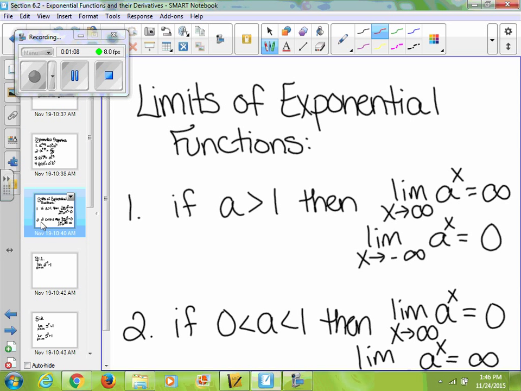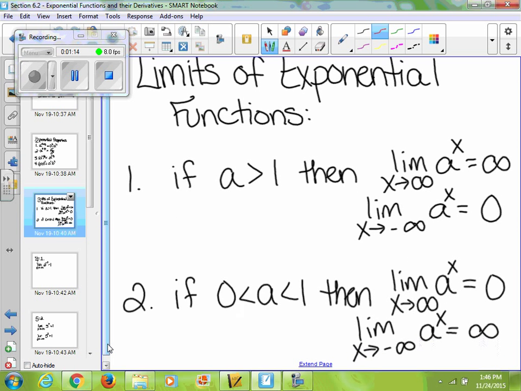Alright, and the second part we're going to look at is the limits of exponential functions. So number one says, if a is greater than 1, then the limit as x approaches infinity of a to the x is equal to infinity, and the limit as x approaches negative infinity of a to the x is equal to 0.